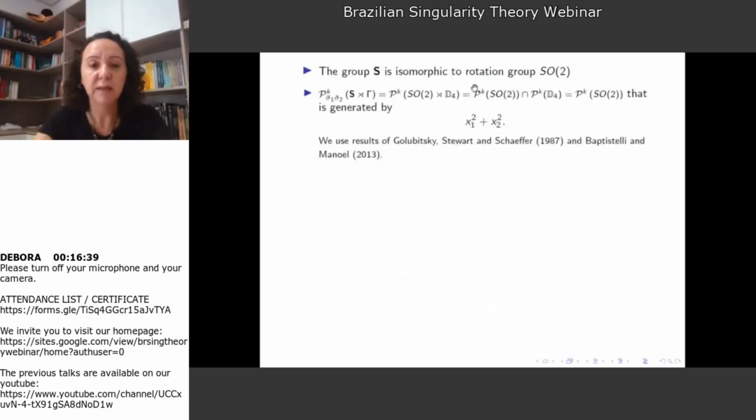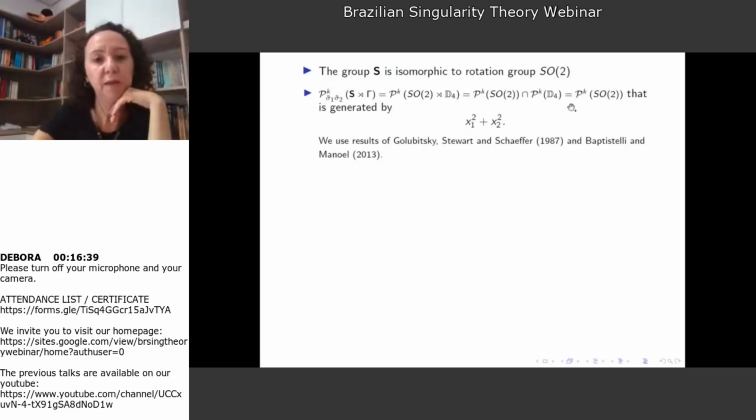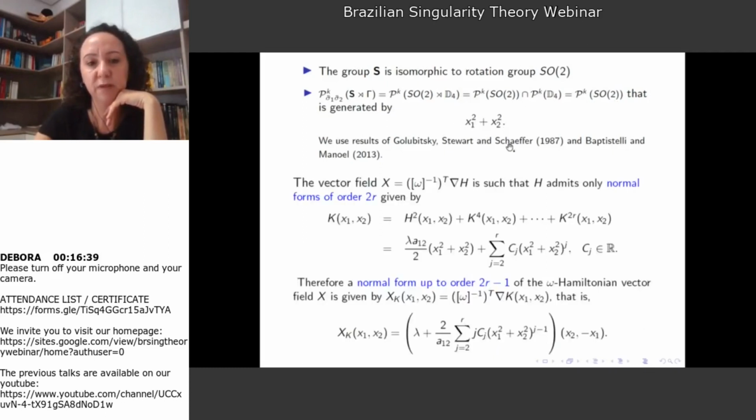In this case, this is the set that we need to describe in order to obtain a normal form. I forgot to say that the group S in this case is isomorphic to the rotation group SO2. And this set, Pk, is precisely the polynomial functions of SO2 generated by x1 squared plus x2 squared.